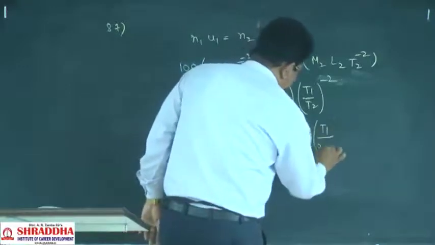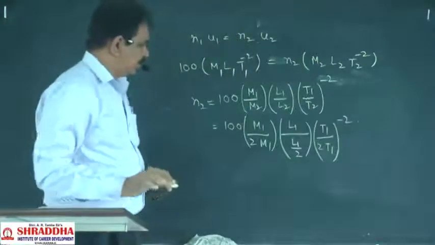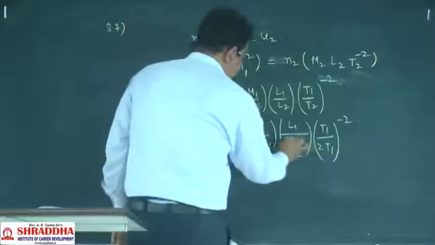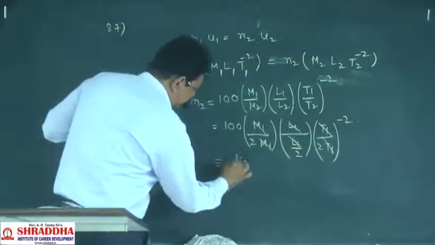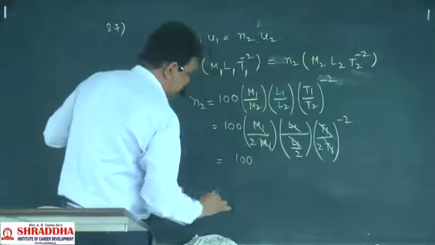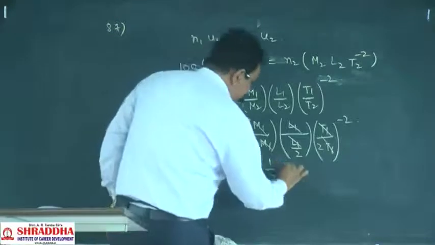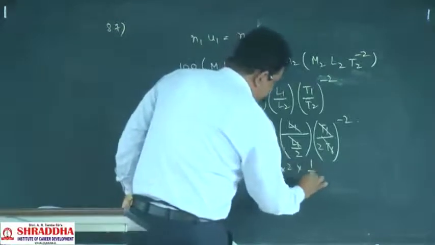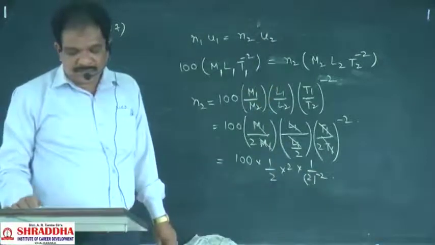This is T1 by 2T1 whole square. So M1 and M1 will cancel, L1, L1, T1, T1. So this is 100 into 1 by 2 into 2.